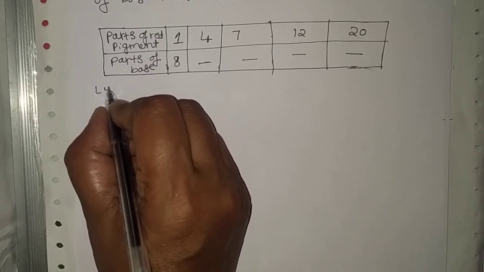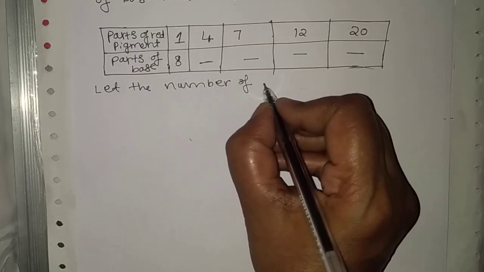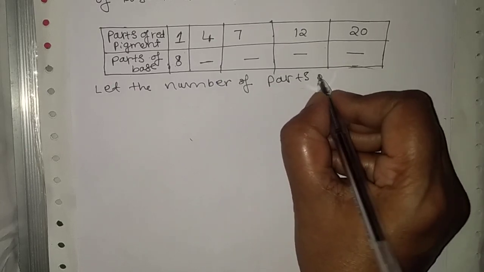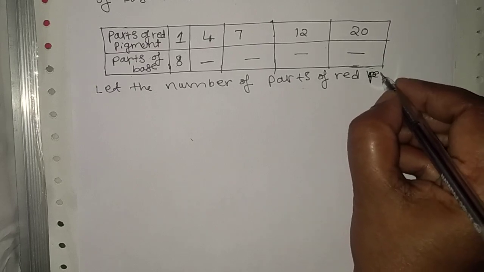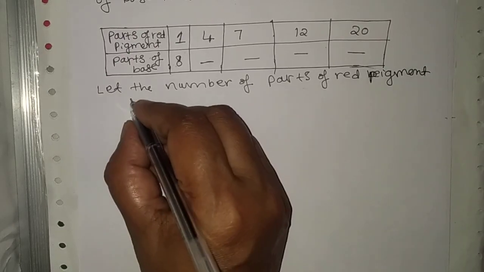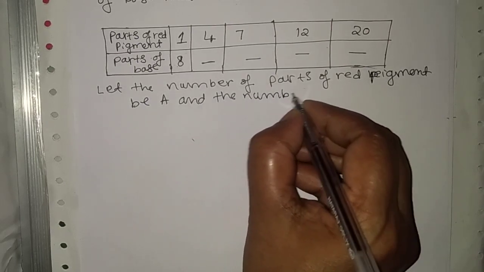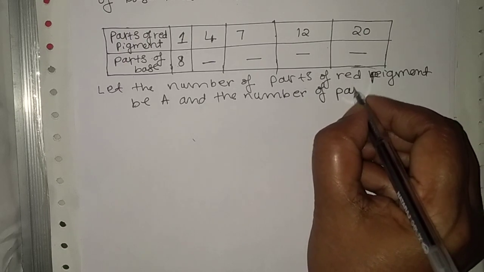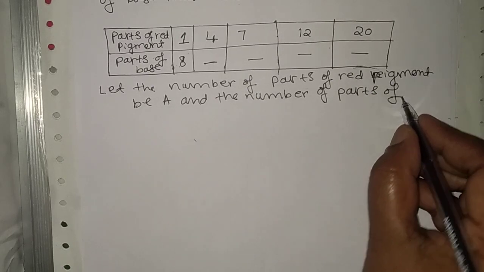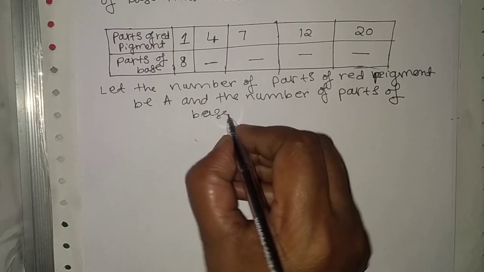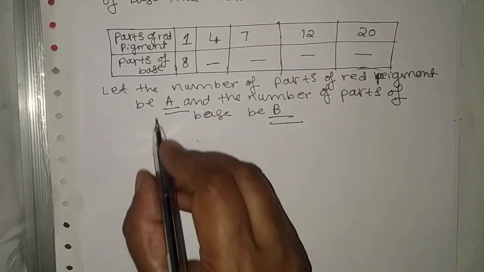First we will make an assumption. Let the number of parts of red pigment be A, and the number of parts of base be B. So we'll take 2 variables: A for red pigment and B for base.